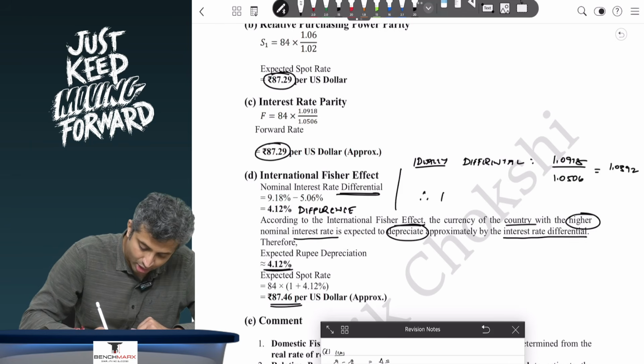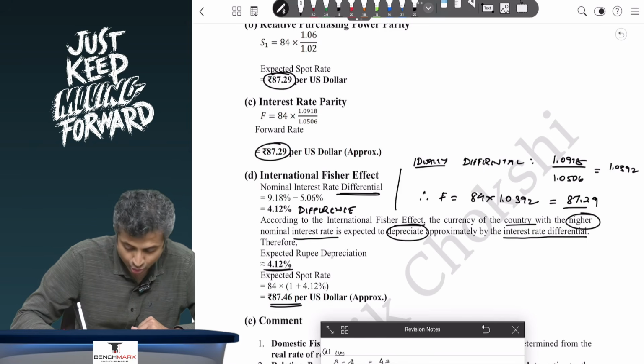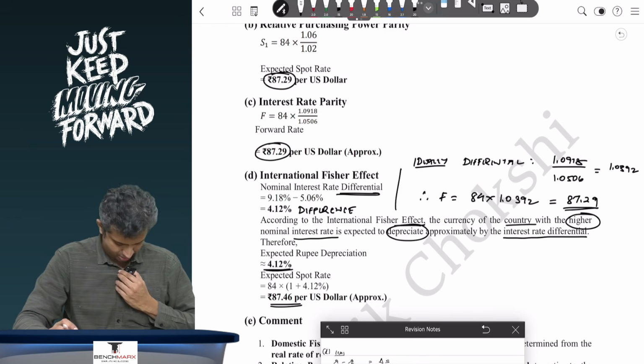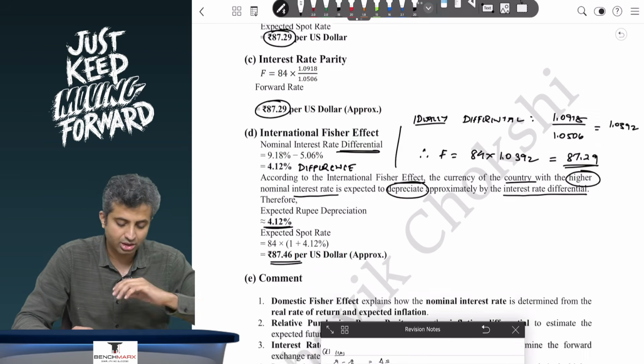And therefore, the forward rate will be the spot rate, which is 84, into 1.0392, which will come to exactly 87.29, which is the more accurate version. But if you want to keep it consistent with the printed formula, which is there in the institute material, well, you will do it the way it is given here.